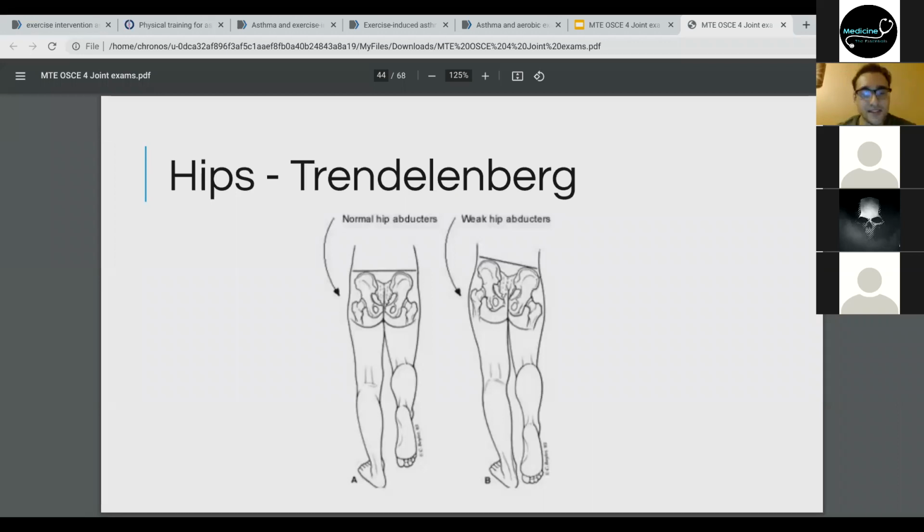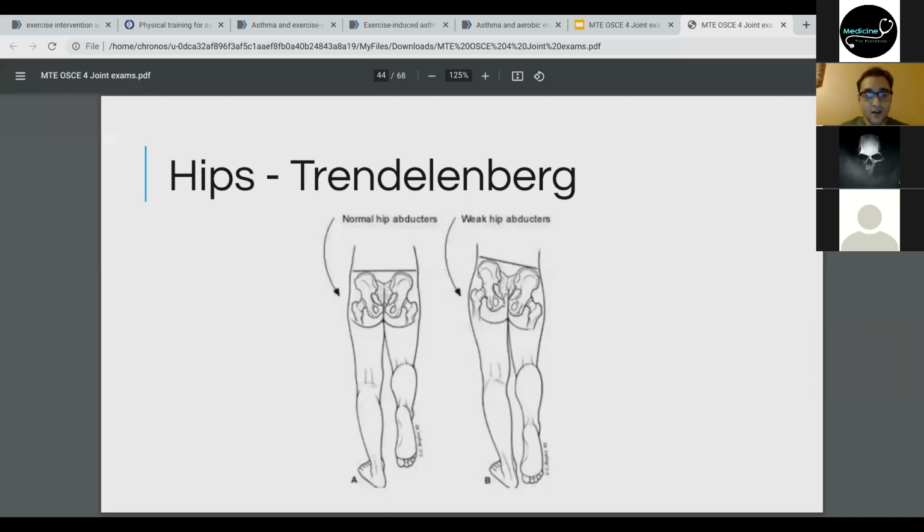Right, Trendelenburg. This tends to trip people up. For the Trendelenburg test, you get the patient to stand in front of you completely relaxed. You can put your hands out, palms face up, and get them to rest their hands on top of yours before they start the test. I find this a really useful tool because it gives you some additional information. You then get them to raise one foot off the floor and balance on the other. In a normal person, you'll be able to adjust the tension in your hip stabilizers to keep your pelvis level.